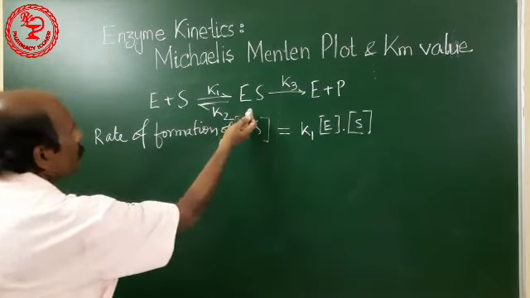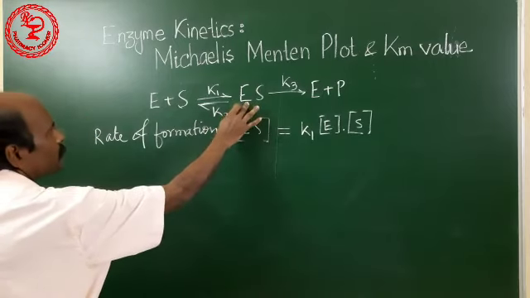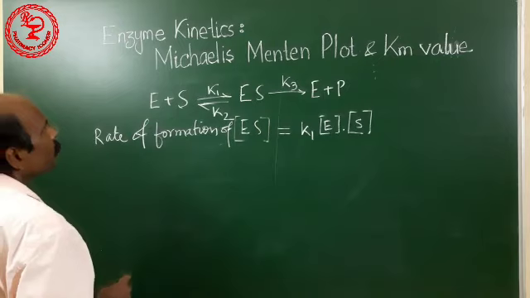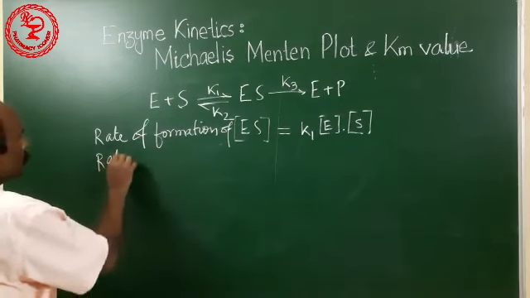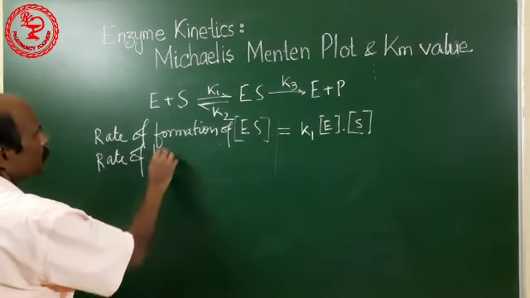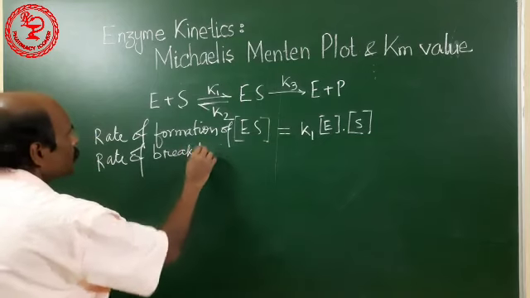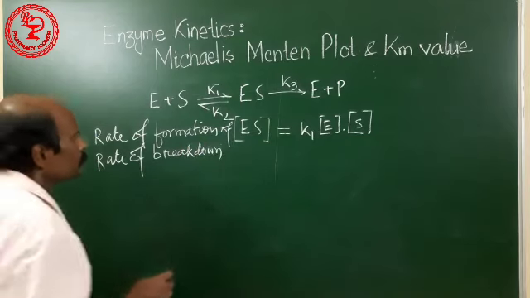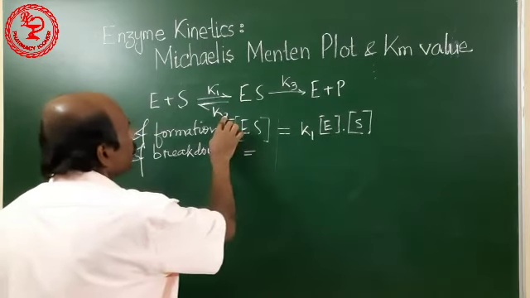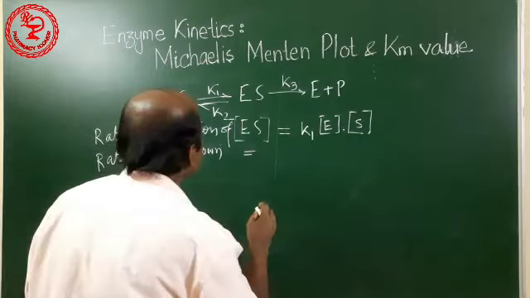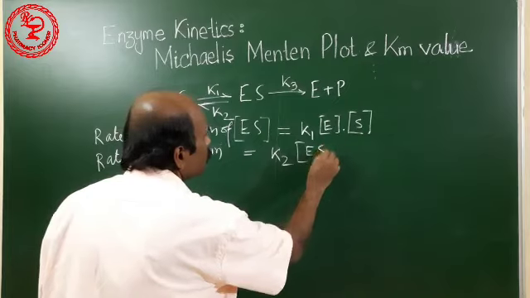For the reversible reaction, when the enzyme substrate complex breaks down into enzyme and substrate, the rate of breakdown is equal to K2 into enzyme substrate complex.